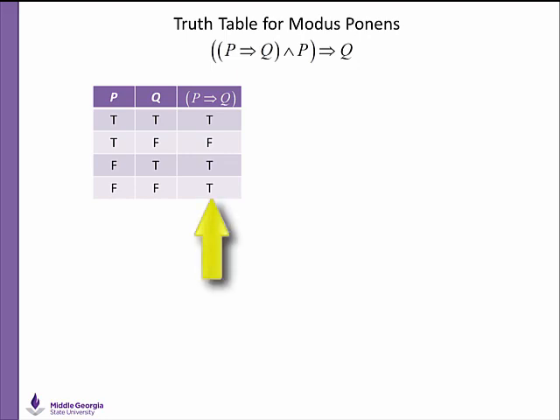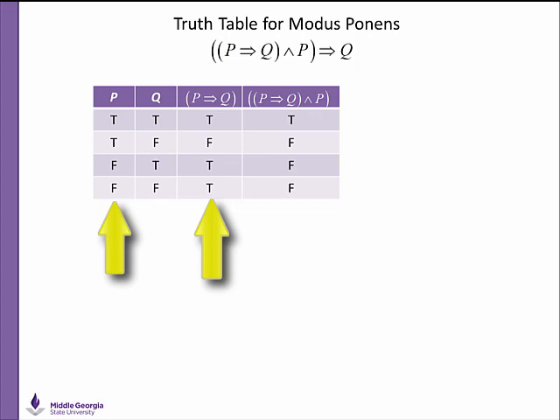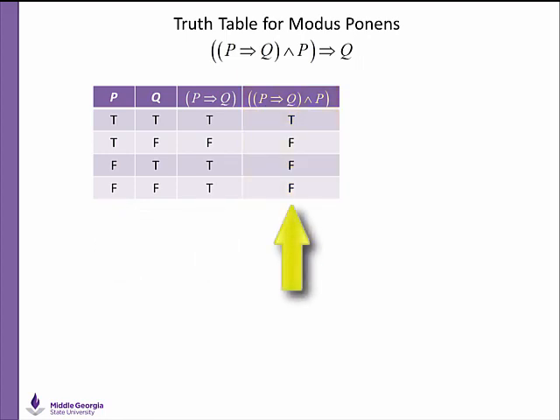We will need to take that column, P implies Q, and have a conjunction of that with the column P. So we get P implies Q and P. Well, a conjunction is true when both parts are true, and the only place that happens is in the first row. Otherwise, we have at least one false, so our conjunction is false. Now we have the left side of the implication, and we also have Q, the right side of the implication.